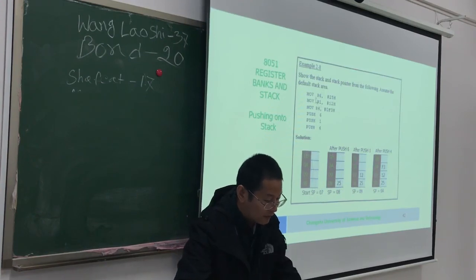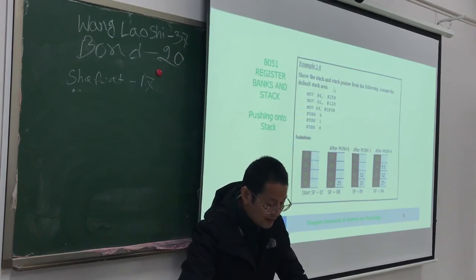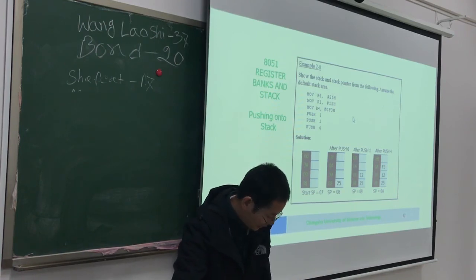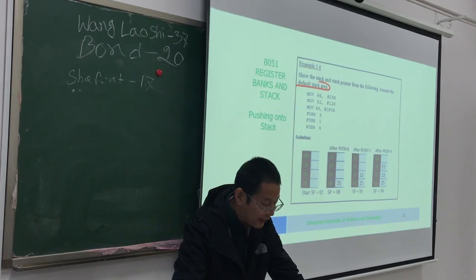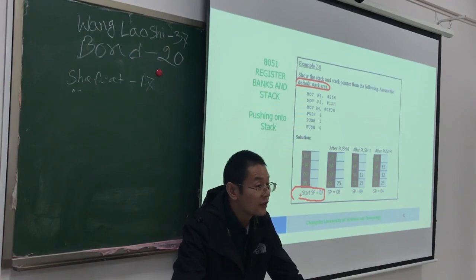For example, show the stack and the stack pointer for the following. Assume the default stack area. If we use the default stack area, the stack pointer is equal to 07.